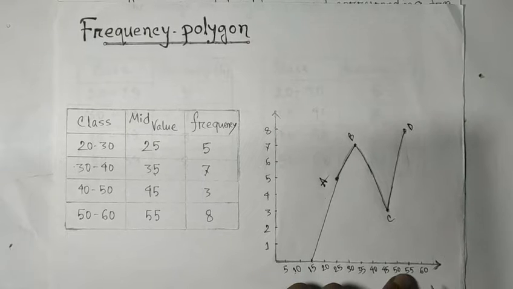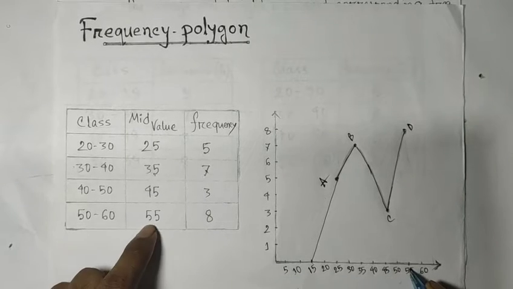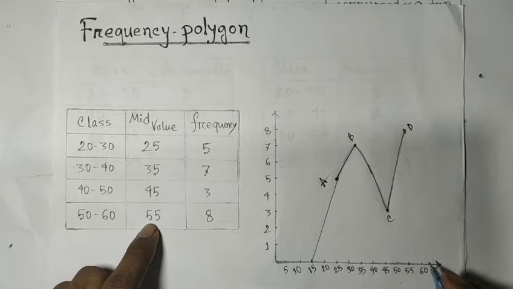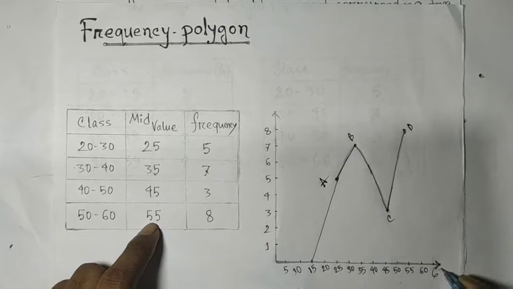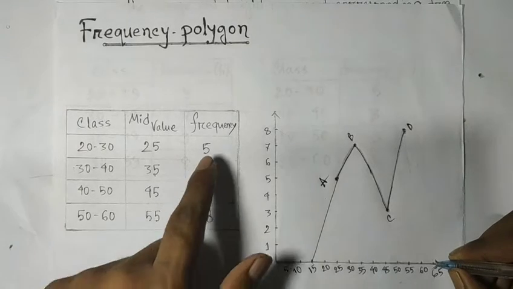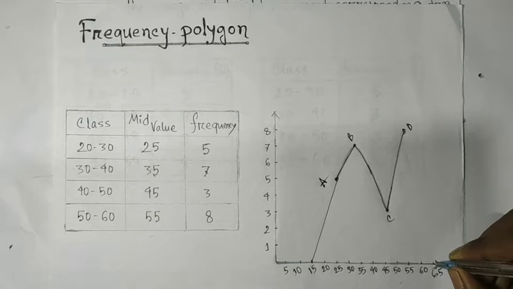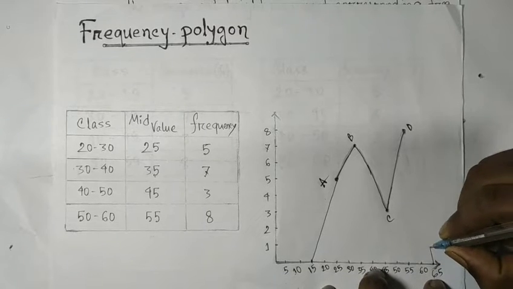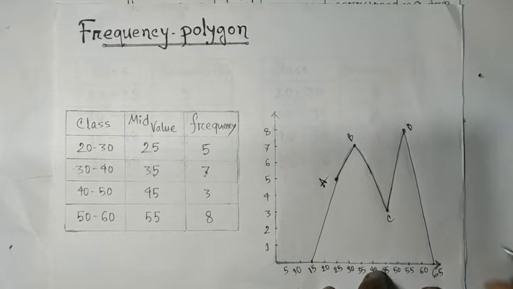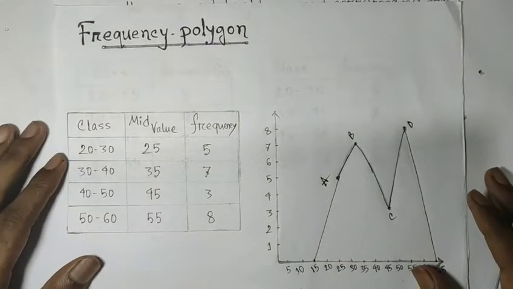Like 55 being the last mid value, the next mid value should be 65. Let's consider it here. There is no frequency for 65, the class 60 to 70, so we can also join these two points, and this is the complete frequency polygon.